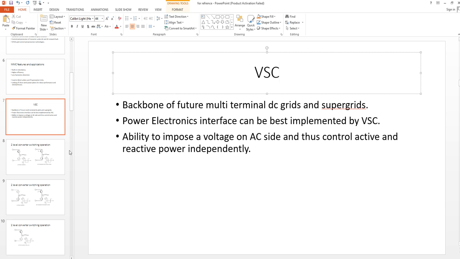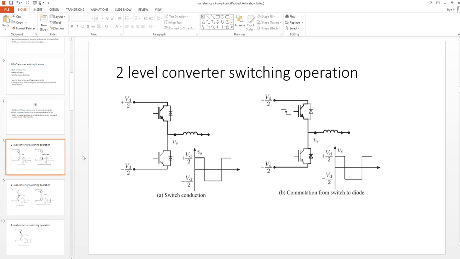In voltage source converters, in the past, two level converters were mostly used.